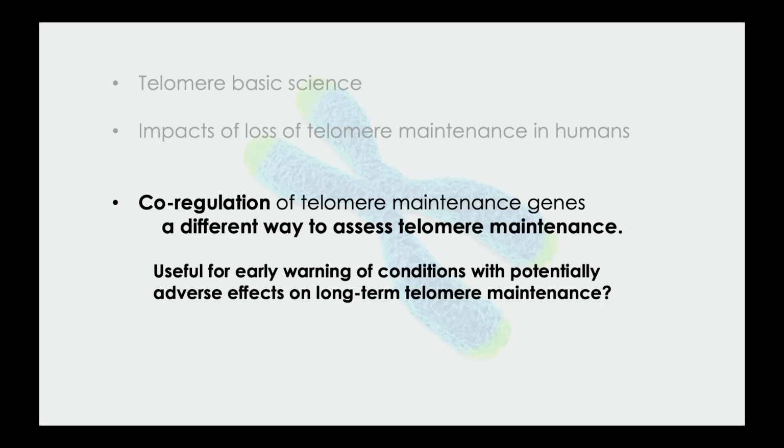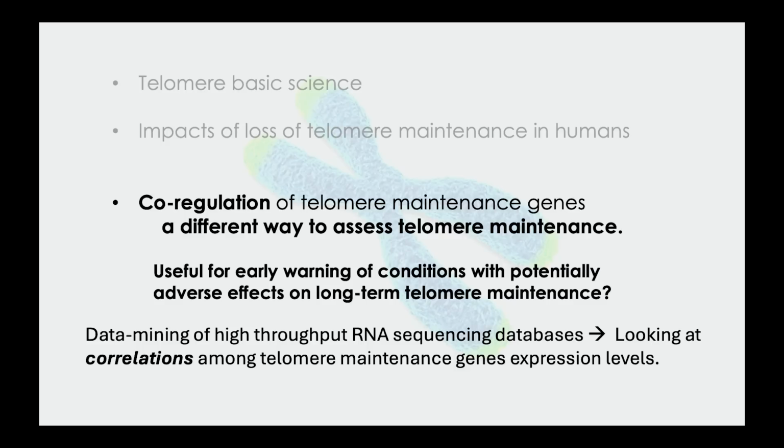The point being that what I'm going to show you, I hope might be useful for early warning of conditions that down the line will disrupt telomere length and maintenance and proper protection of telomeres, and hence the ability of cells to keep multiplying, and some experimental data that says these effects can be happening quite quickly and quite directly too.